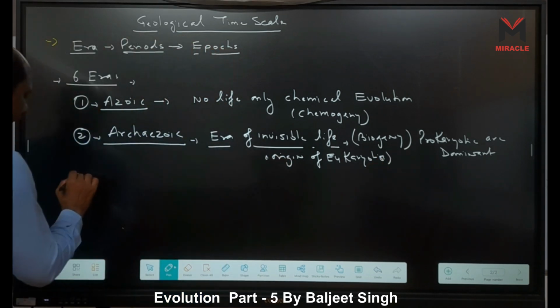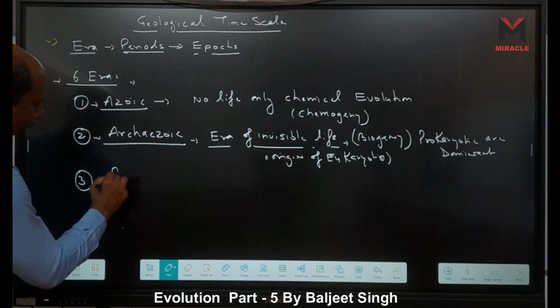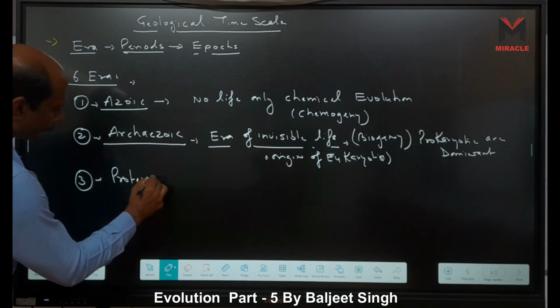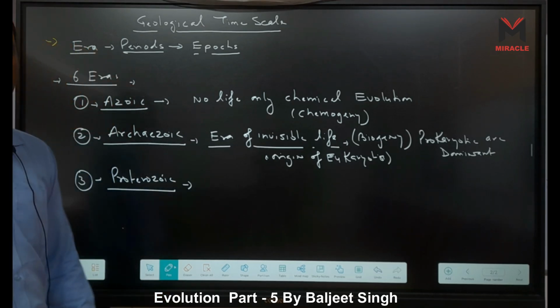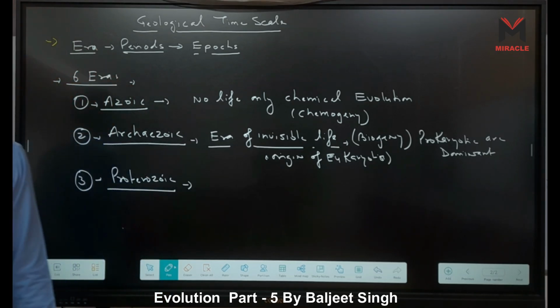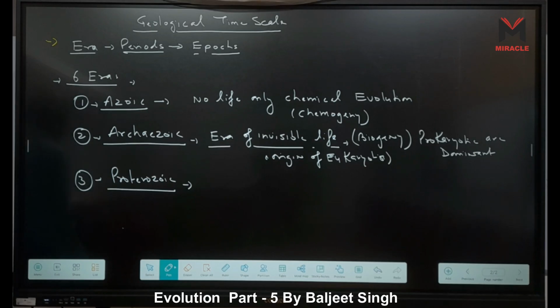Third one is our Proterozoic era. Proterozoic means proterospongy. Now here multicellular animals are formed, but they are very primitive. Multicellular animals means animals are also there. Here in Proterozoic, what happens?